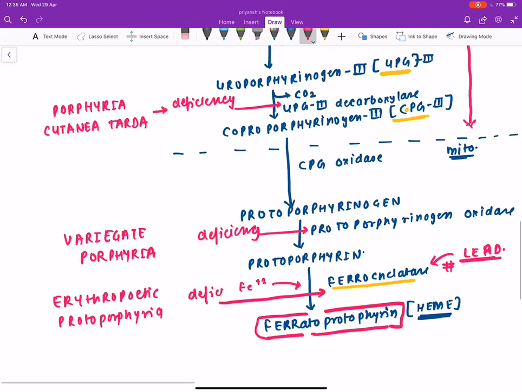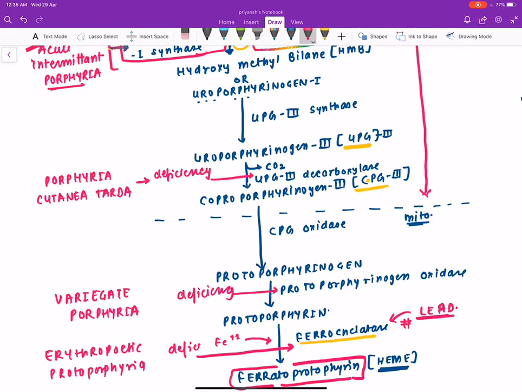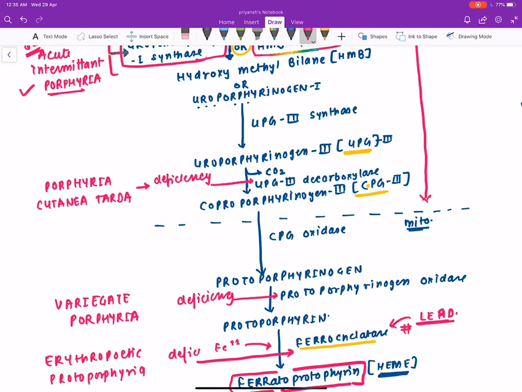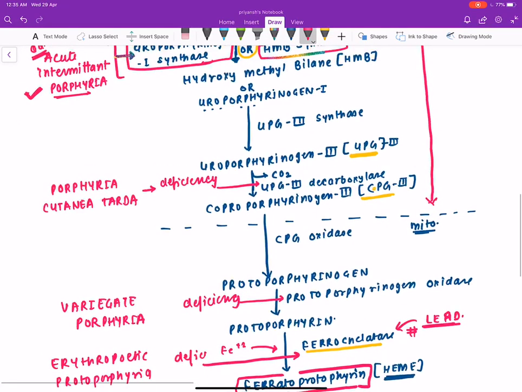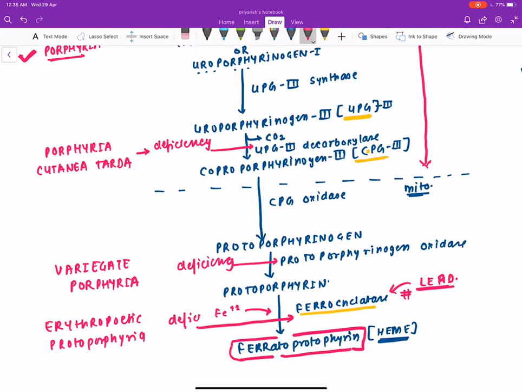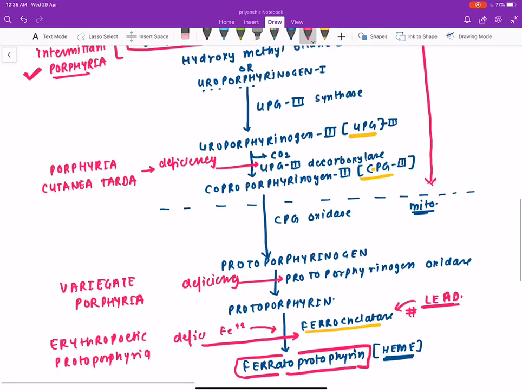So I have highlighted only 4 porphyrias, starting with acute intermittent porphyria, which is the most common porphyria you will find coming to you in clinical practice. Then the second is porphyria cutanea tarda.